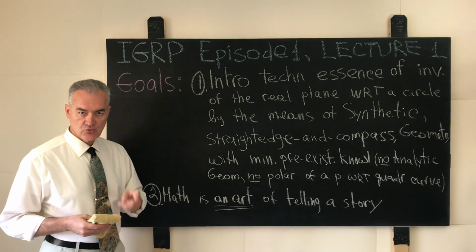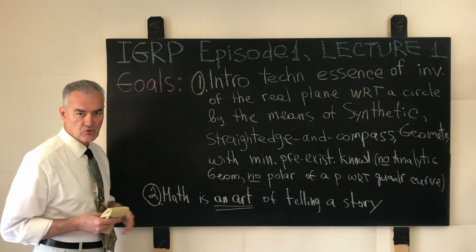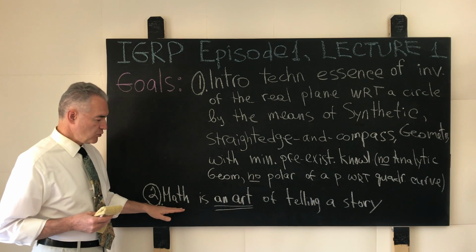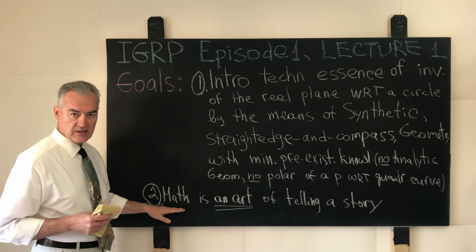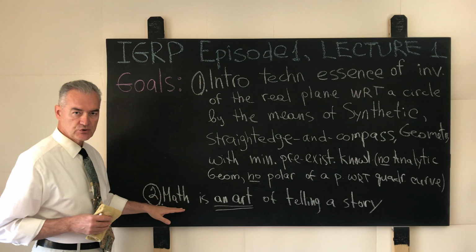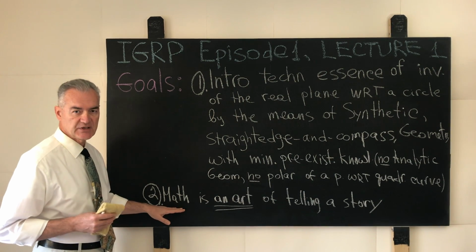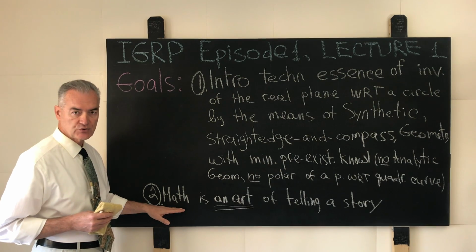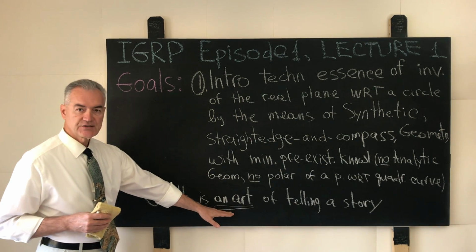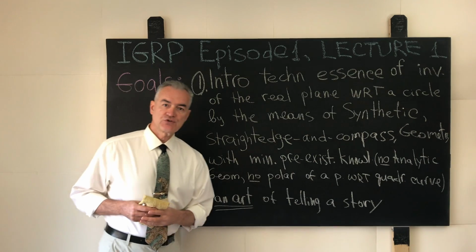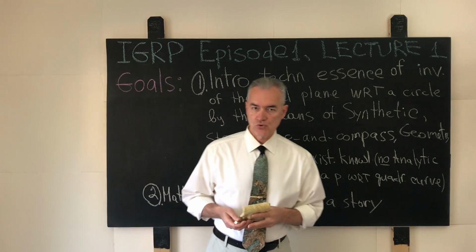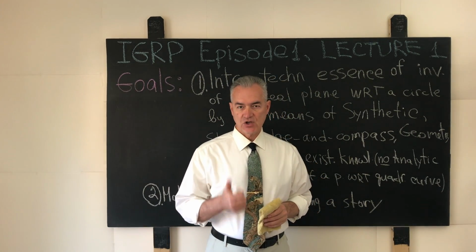And that brings us to the second primary goal of this course, which is, with the content and the structure of this course, we want to show our viewers that at its most fundamental level, first and foremost, mathematics is an art form. In other words, we want to show our viewers that mathematics is an art.